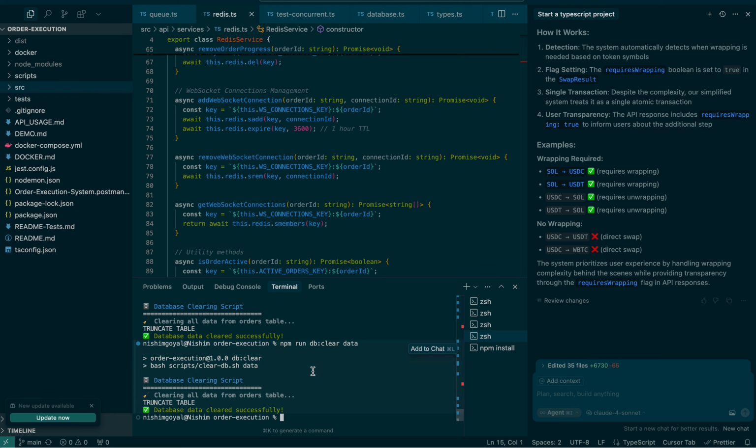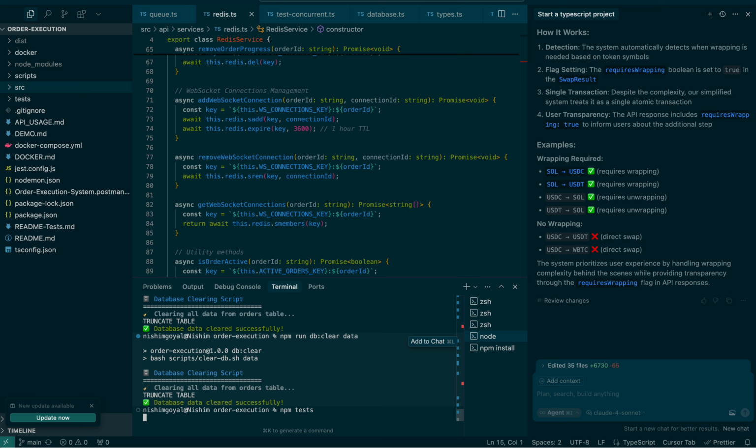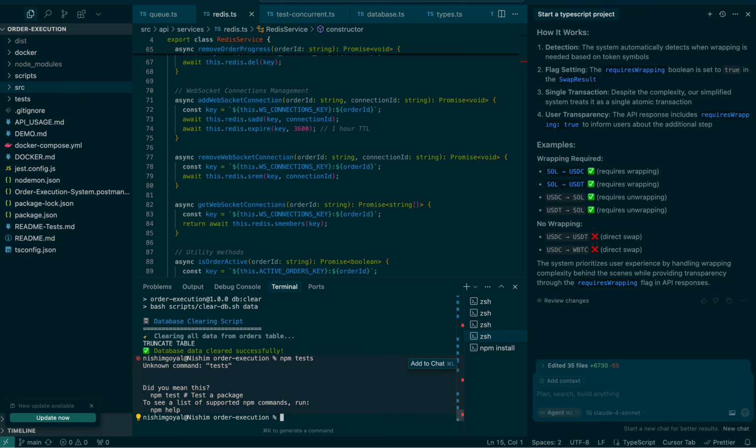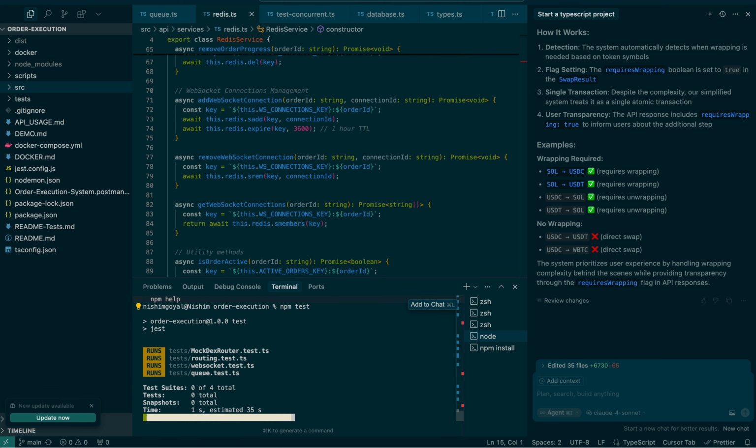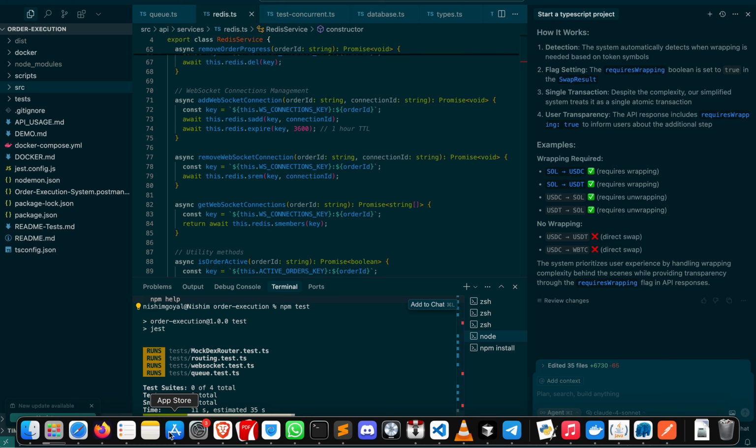We have also implemented tests, so you can see the test. The test uses the Jest library. This will take around 30 seconds to run all the tests, but while we are waiting for that, I can walk you through the architecture.